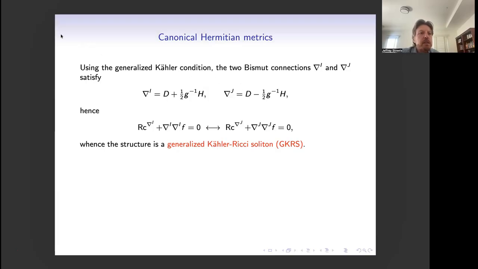And then I see in the chat, right, that kind of relates to what I was saying. He asks, is the generalized version of the Kähler-Einstein problem understood already? Definitely not.